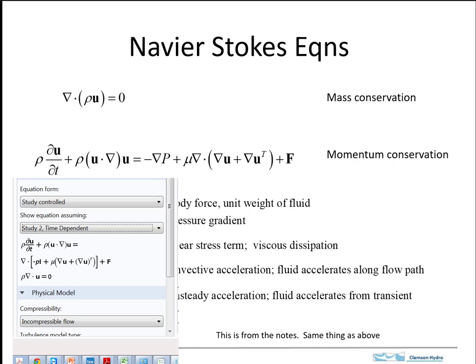This is, well, at least this is what was shown probably in version 5.3. I haven't checked the most recent version, but it'll be something very similar to this, if not identical. So on the left-hand side, we have the transient term for unsteady acceleration, and the convective acceleration.